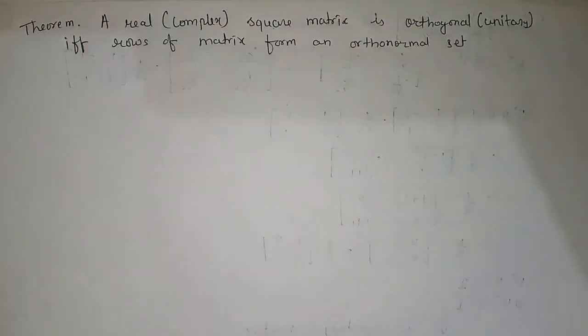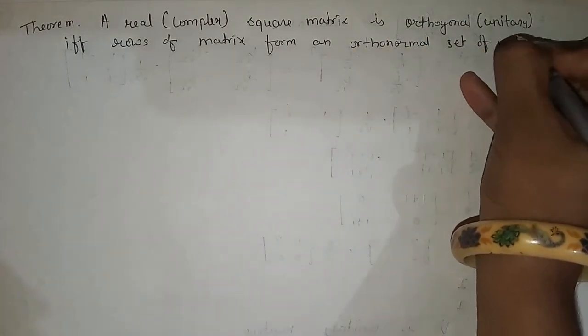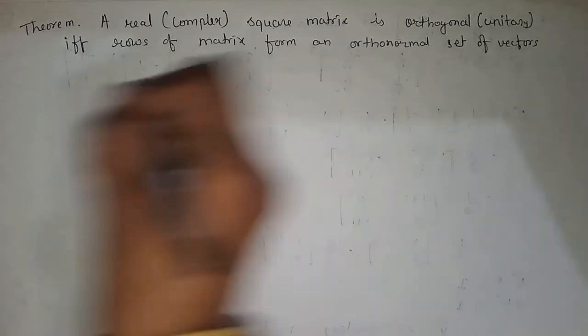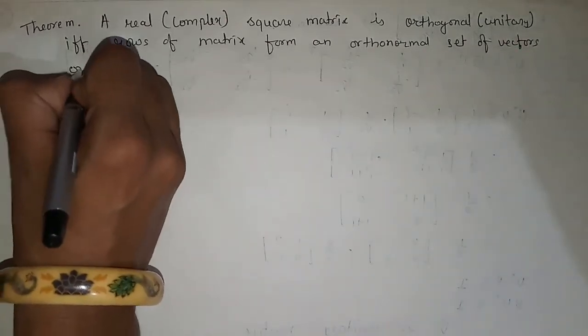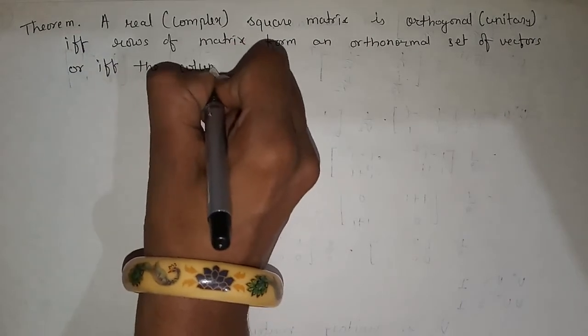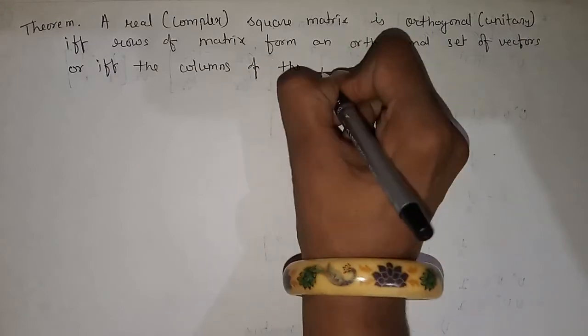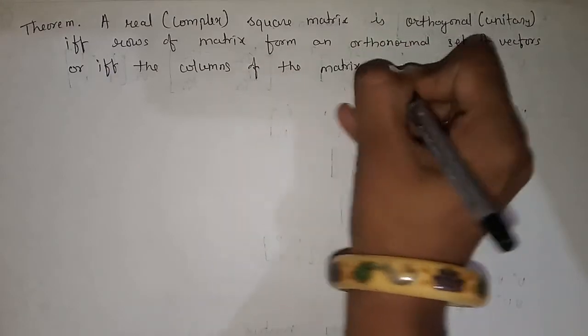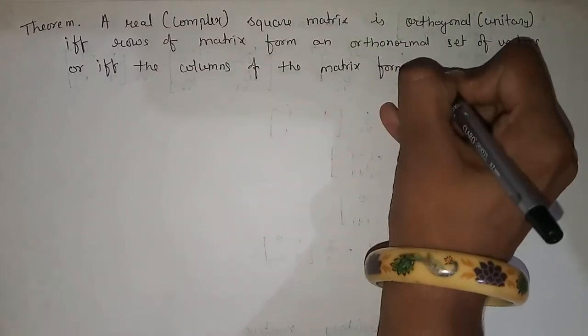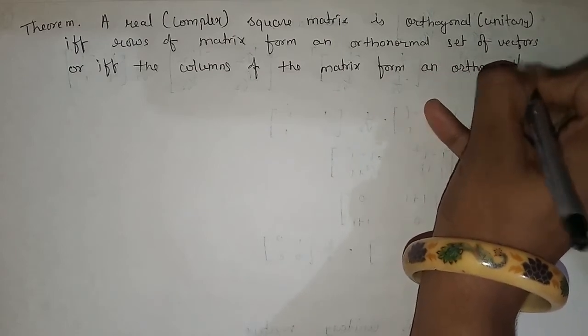That is, if elements are same, then it will be 1, otherwise it will be 0. Set of vectors. Or in case of column, so or if and only if the columns of the matrix form an orthonormal set of vectors.